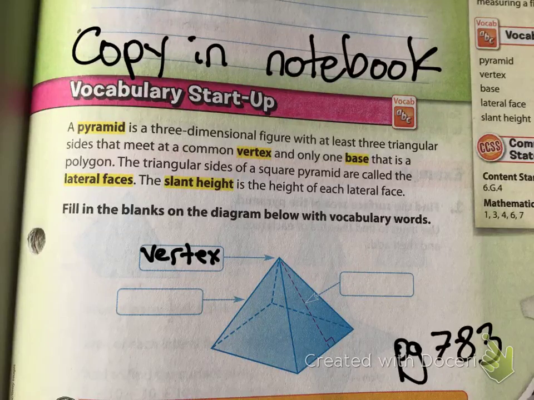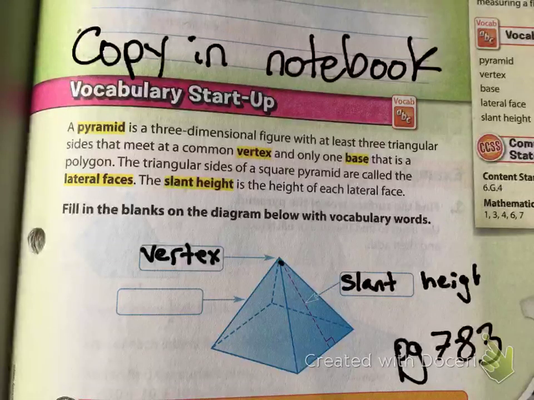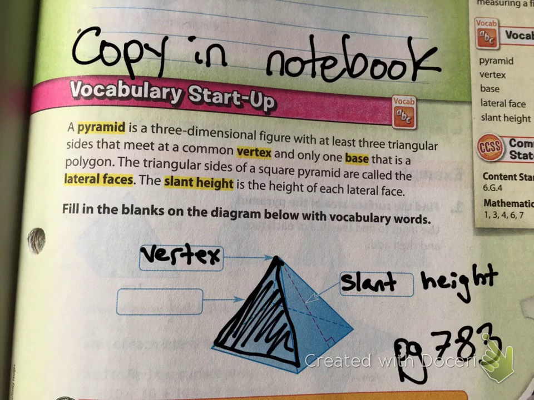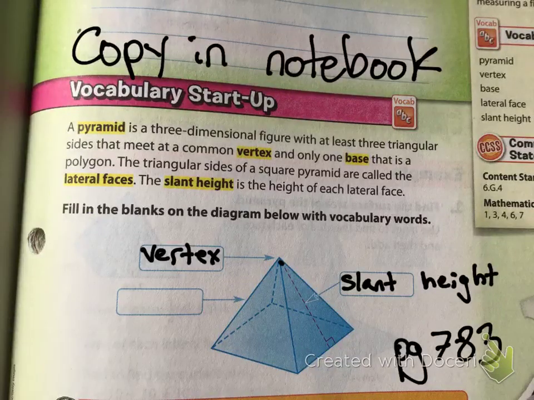When we're talking about our height, we've typically seen it like this with our little right angle. So if that's the height, here we're going to refer to it as the slant height. And then lastly, this here, it's talking about that triangle or any of them.